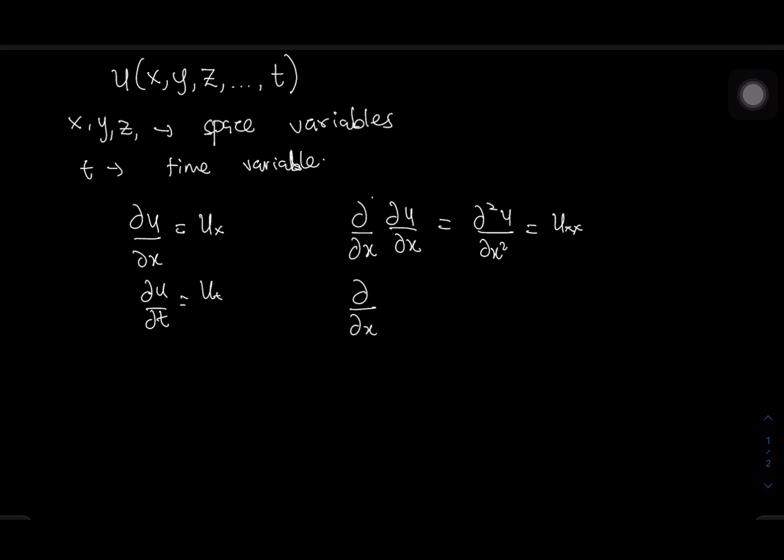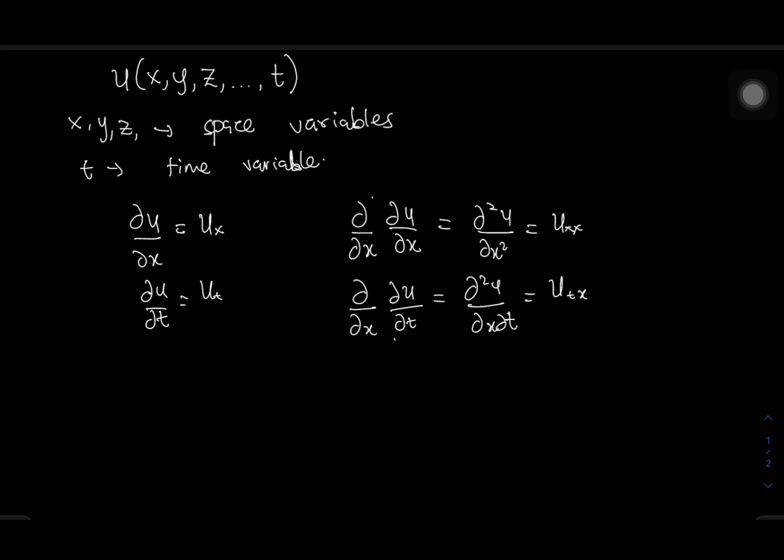And similarly, if I differentiate with respect to t and then x, that's going to be del squared u del x del t, so that's going to be utx. Now you have to know the arrangement.